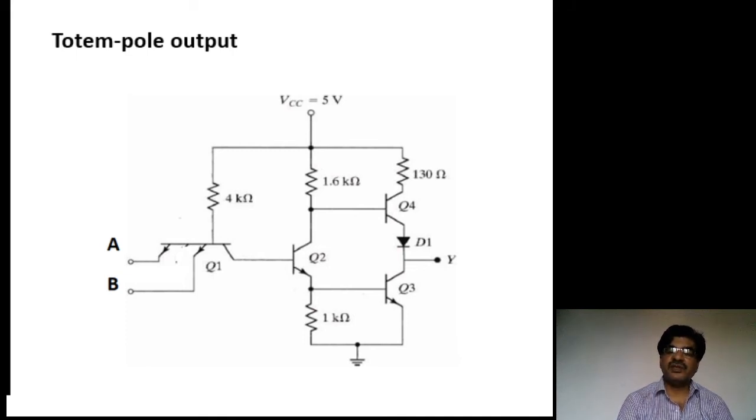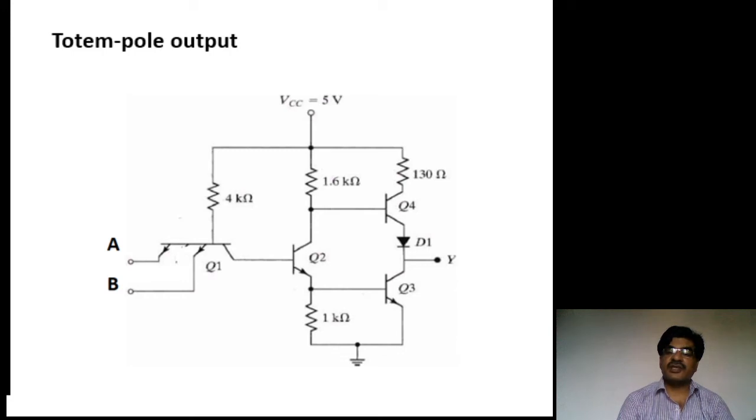Suppose this diode is not used, what happens? This transistor Q4 goes to the on state, but that is not the criterion. If Q3 is on, definitely Q4 should be off. That is the purpose why the diode is placed between these two transistors.